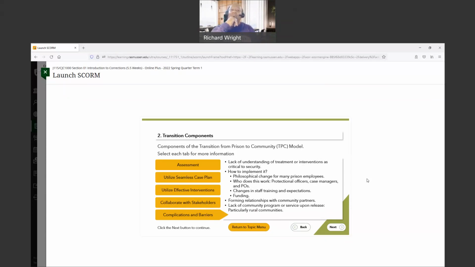So there are some things that make this not as straightforward or as smooth as some people would like, and some complications or barriers that may be faced, such as the lack of understanding of treatment.